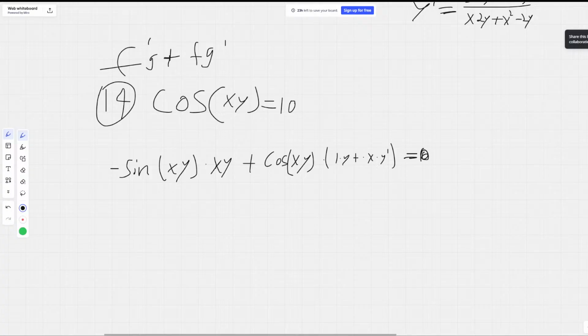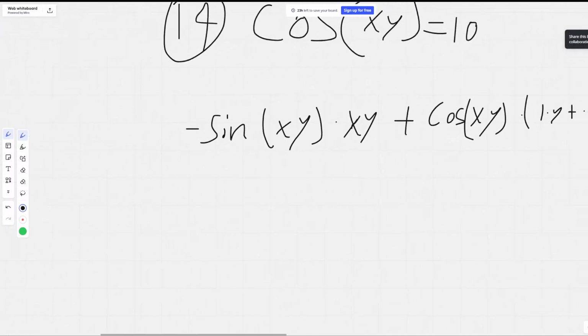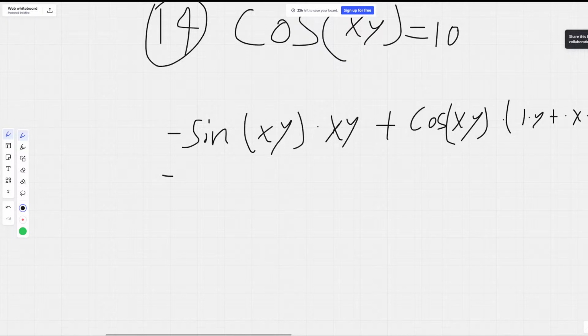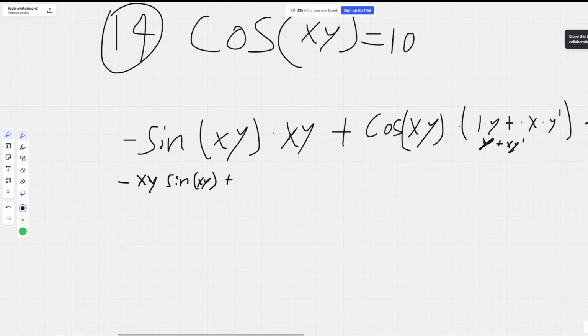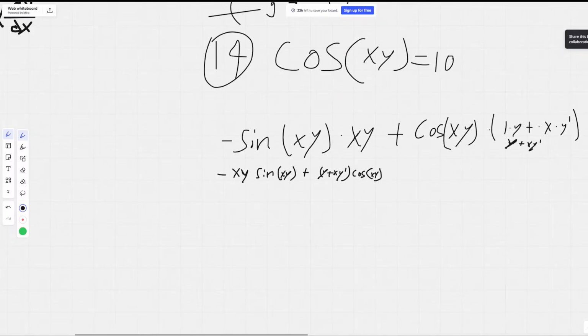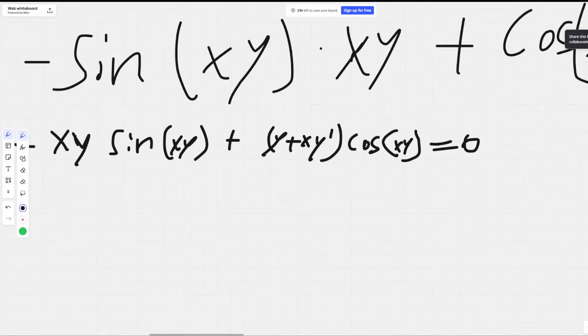Equals 0. Now we squish it together. Negative y sine xy plus, this, of course, would be y, and this would be x y prime, plus y plus x y prime times cosine of xy equals 0.